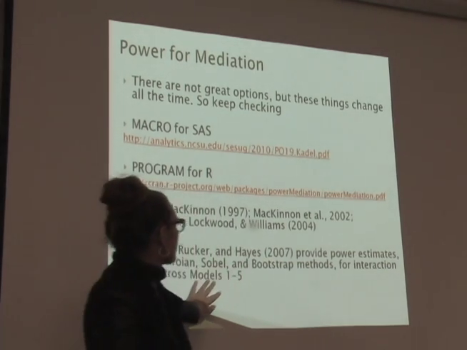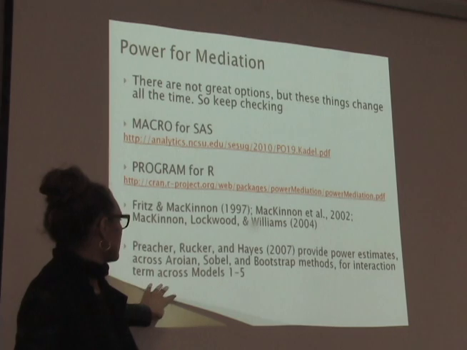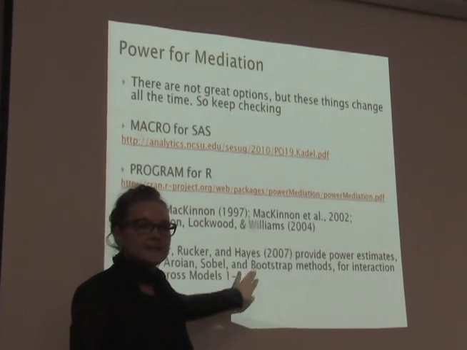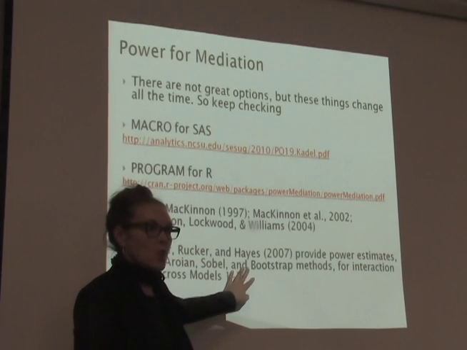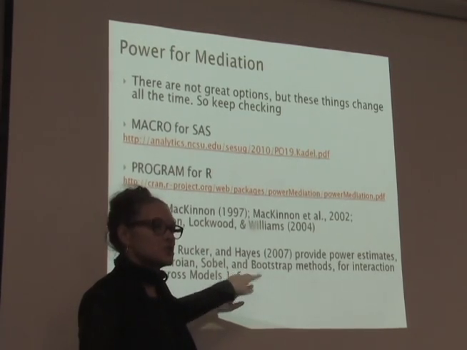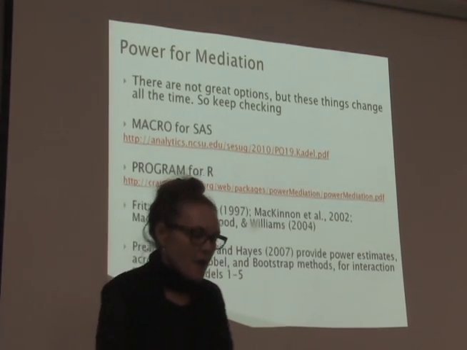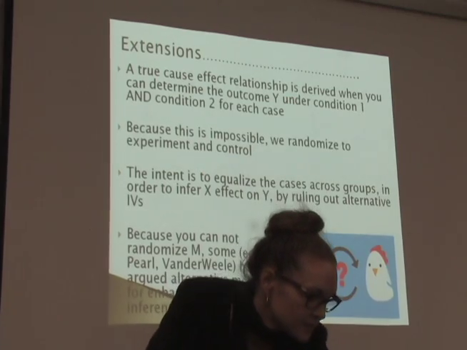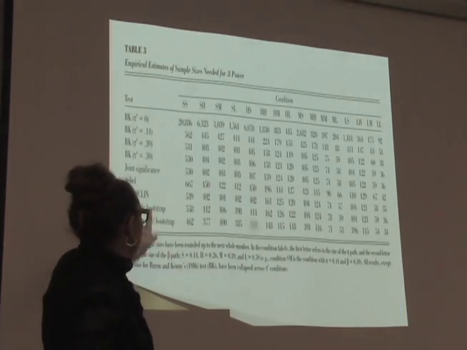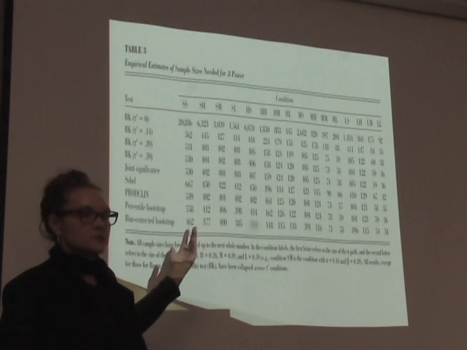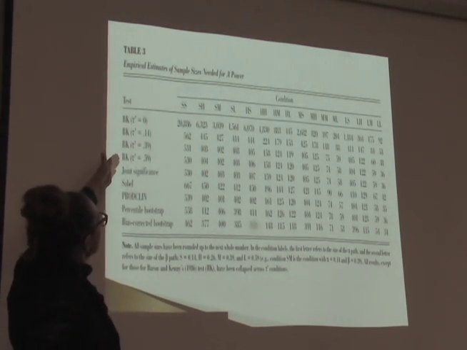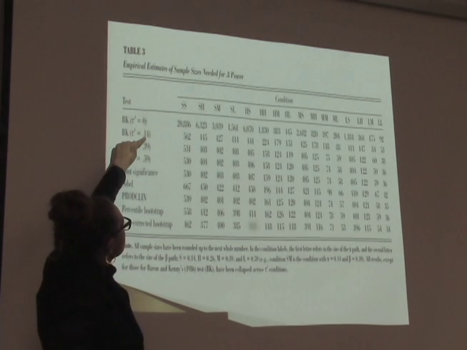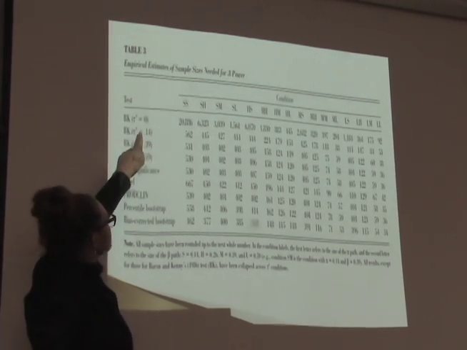So there are power estimates for conditional indirect effects in this Preacher, Rucker, and Hayes paper. So if you want to talk power for moderated mediation, there is a table for that. The table that I'm actually going to talk about, though, is the MacKinnon table. It's really easy to work with. Here's your Baron and Kenny. We're talking no effect, small effect, and this is indirect effect.